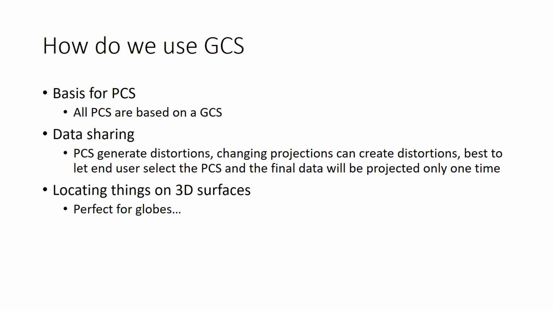And so oftentimes we share data in a GCS so that you don't have to go through the hassle of changing something from one projection to another, and thus potentially increasing the amount of distortions and errors that could be occurring. We can limit that to just one projection, and that's the one you make from the GCS that you got your data in.